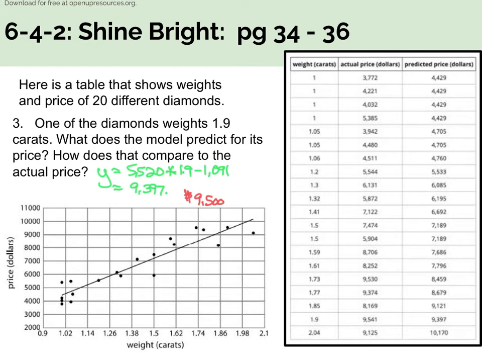And then how do these compare? Well, they're really quite close to each other. If we subtract the two, 9,500 minus 9,397, the difference is only about $103. So this actually is really good.